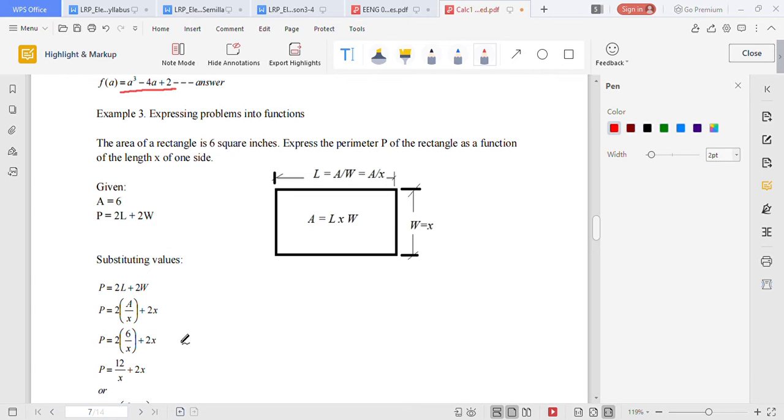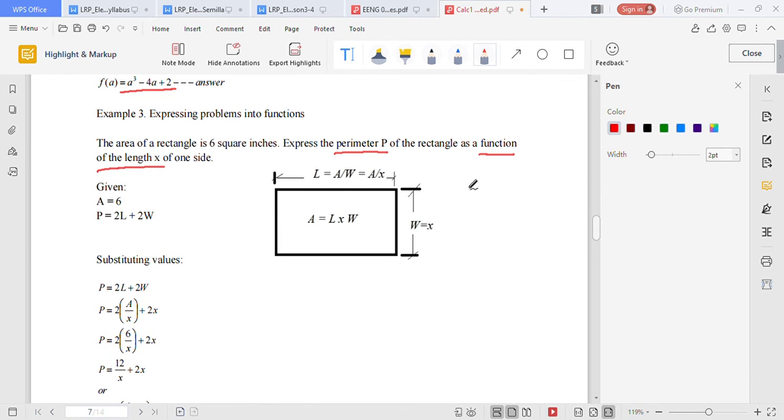We have here an example: the area of a rectangle is 6 square inches, and we are going to express the perimeter P of the rectangle as a function of the length x of one side.